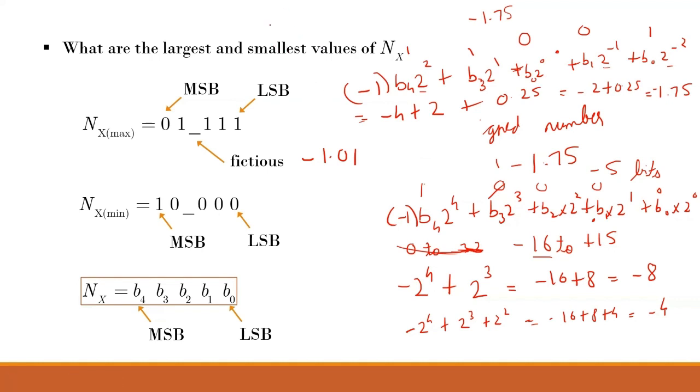Here, if you see the range, the minimum value it can give is 2 to the power minus 2, that is equal to 0.25.